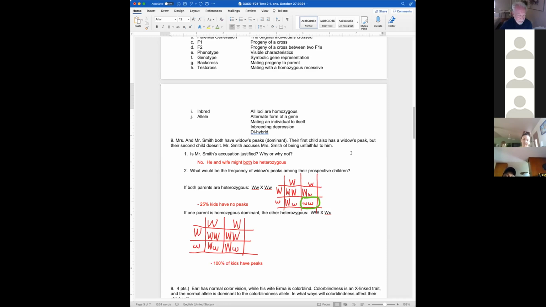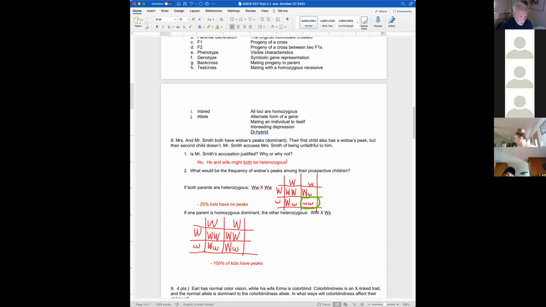That means that each of them has to have at least one dominant allele. And so they can be both homozygous dominant, in which case there's no question that none of their children could lack a widow's peak, or one of them could be homozygous dominant and the other one a heterozygote.